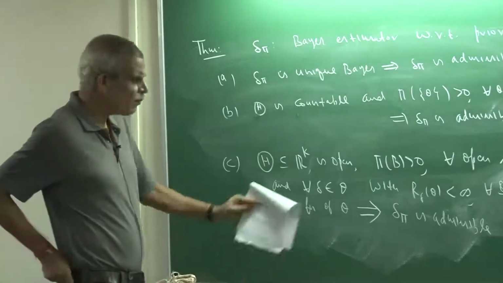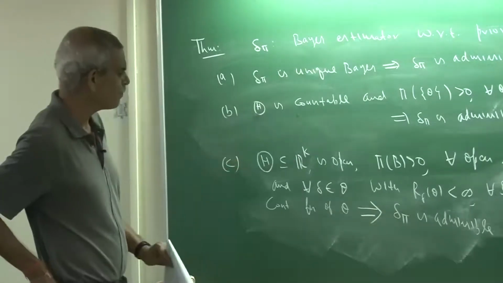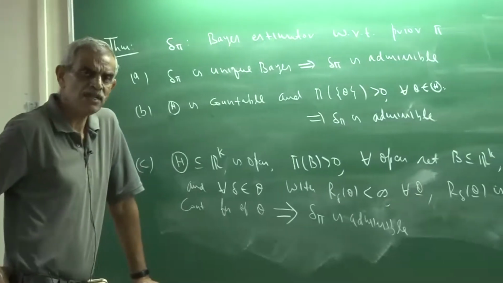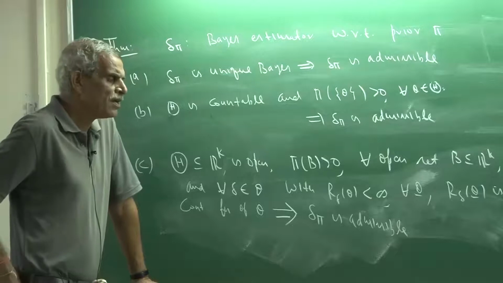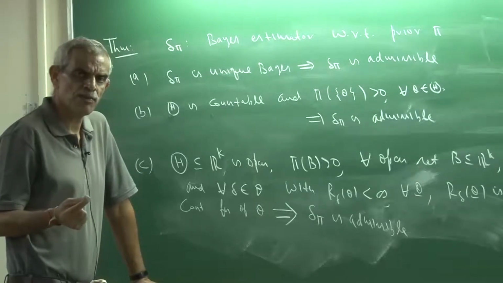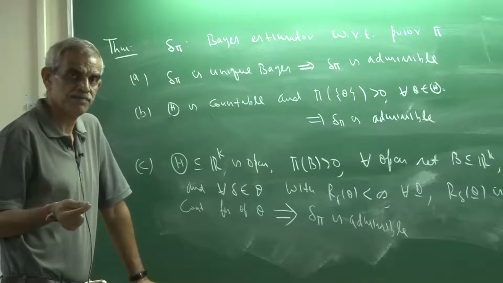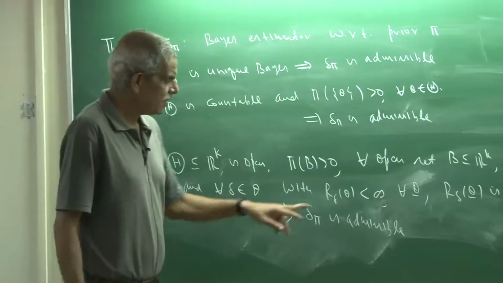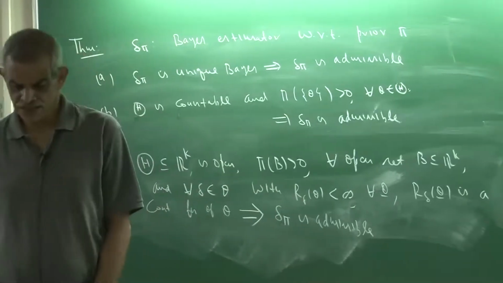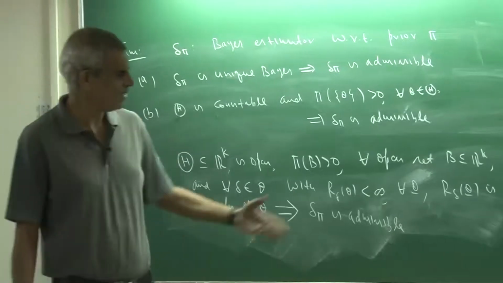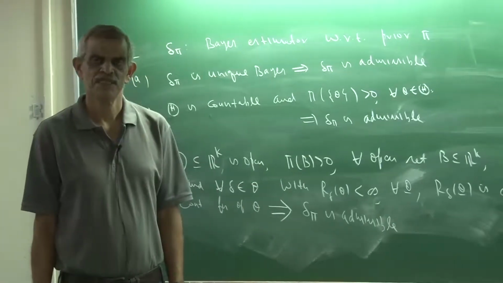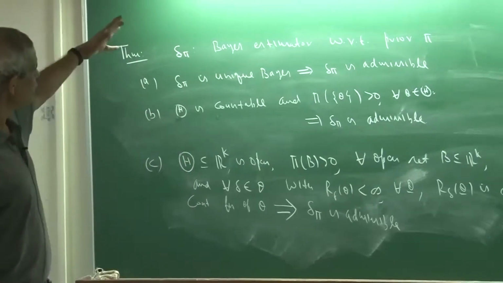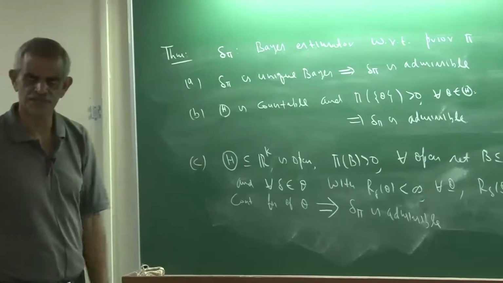Third is slightly more complicated, but it is very much used, especially in the continuous case: if my parametric space is open, which could be any subset in R^k, and my prior is such that it gives a positive weight to every open set, and my risk function is always a continuous function of theta for any decision rule delta whose risk is finite, then also the Bayes estimator is admissible. So the Bayes estimator becomes admissible in a lot of situations.